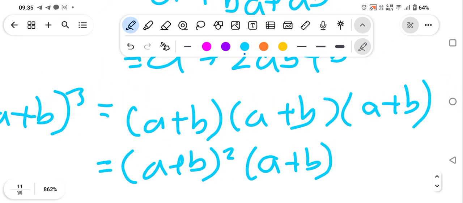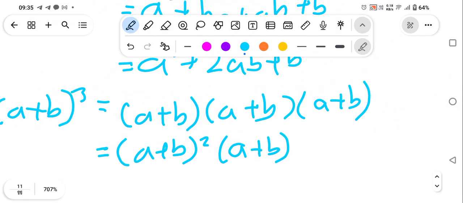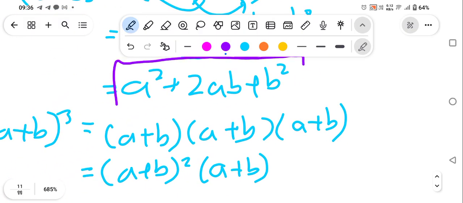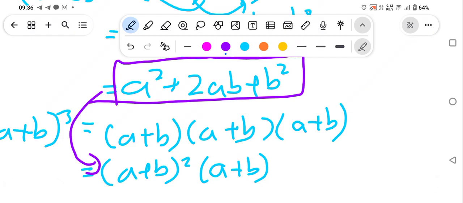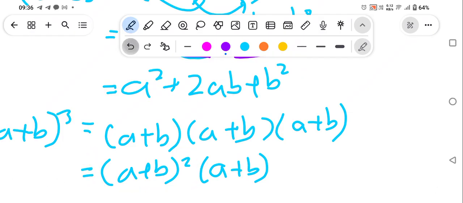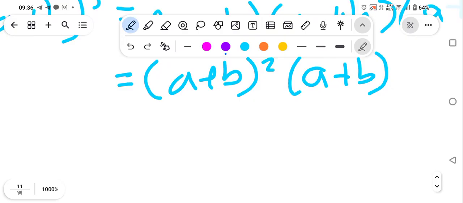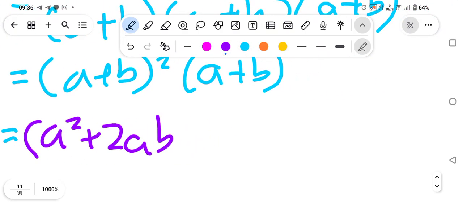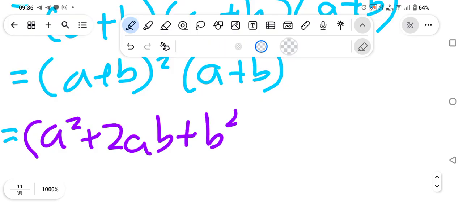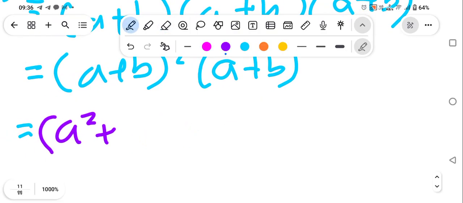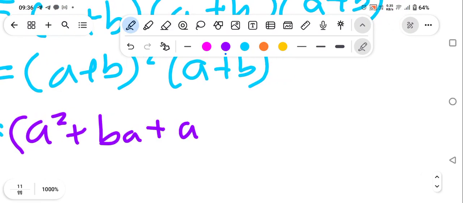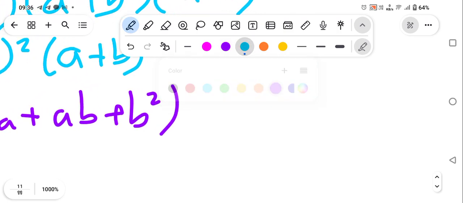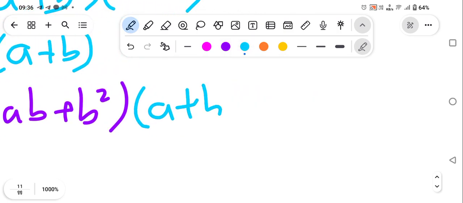So the a plus b cubed is actually, I'm just going to copy this into here, this into here, right? So I'm going to make it purple: a squared plus 2ab plus b squared. I'm even going to keep the terms, like the ba plus ab plus b squared, and finally multiplied by the a plus b.